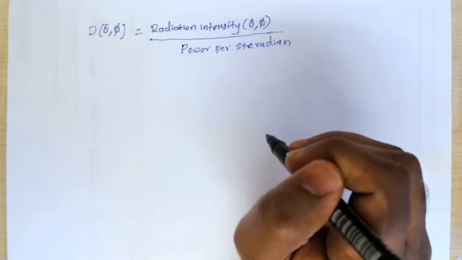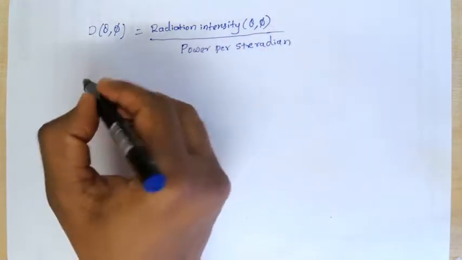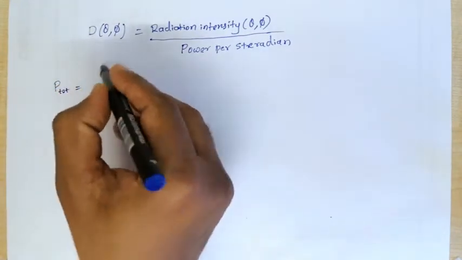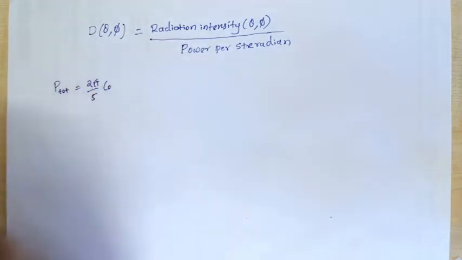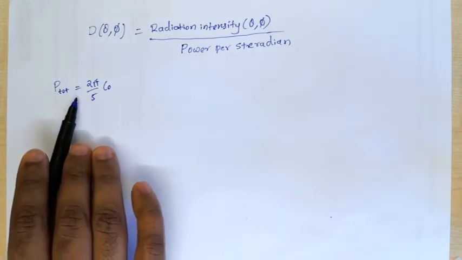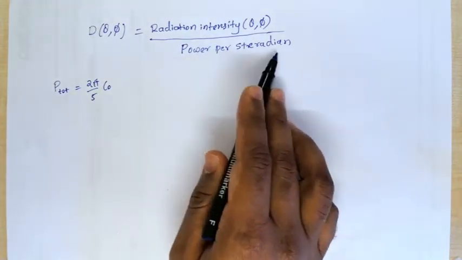In this problem, we know the total power P total is equal to 2 pi by 5 C naught. This is from the previous solution. We have to find the total power per steradian.